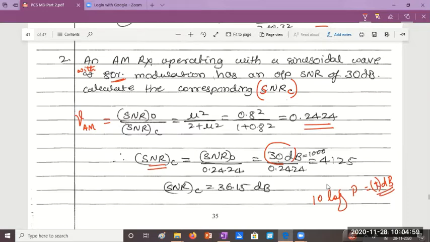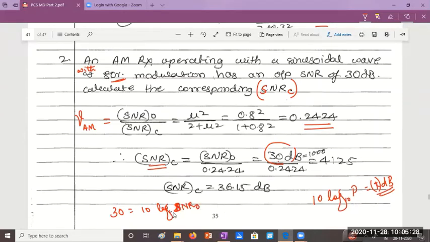So if I have to find the normal value, you have to equate 30 to 10 log P. Rather than P, let me say 10 log SNRO. Here SNRO is specified as this.